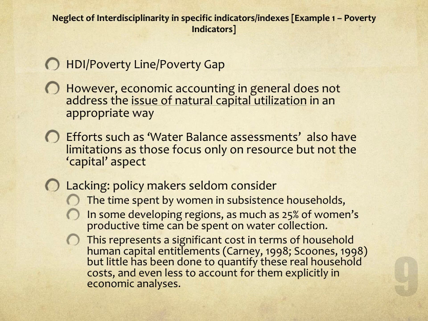So water is one of the natural capitals in terms of the way natural capital is conceptualized. And further, she says that other efforts like water balance assessments also have certain limitations, as those only focus on the resource but not the capital aspect of it.